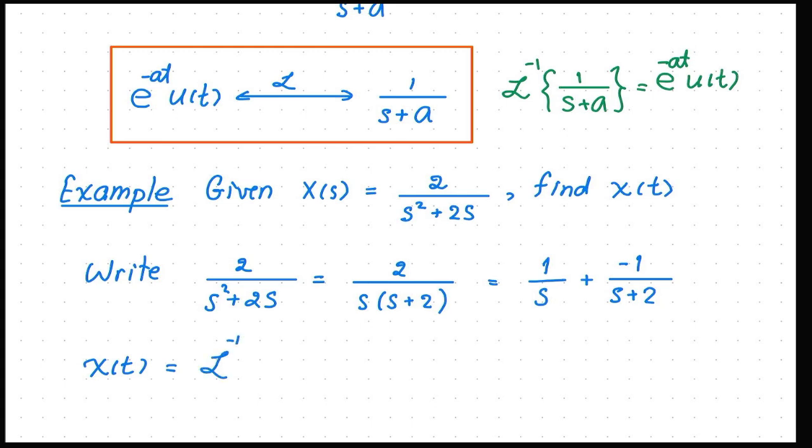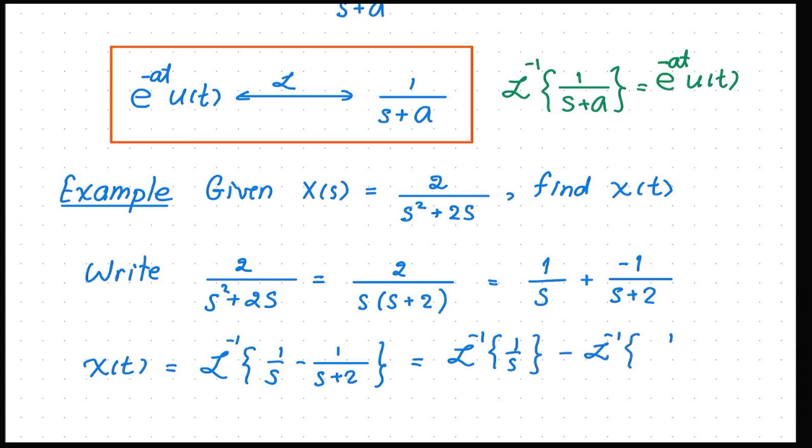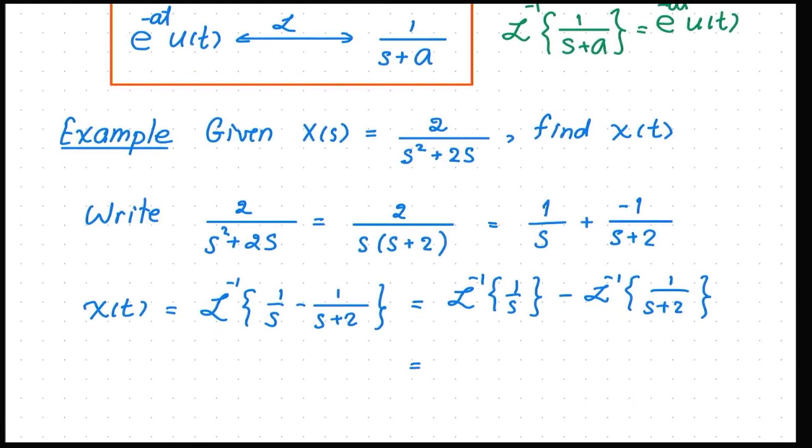So the inverse Laplace transform of 1 over s minus 1 over s plus 2 is equal to inverse Laplace of 1 over s minus inverse Laplace of 1 over s plus 2. But the inverse Laplace of 1 over s is u(t), right? And as for this guy, now a is 2.